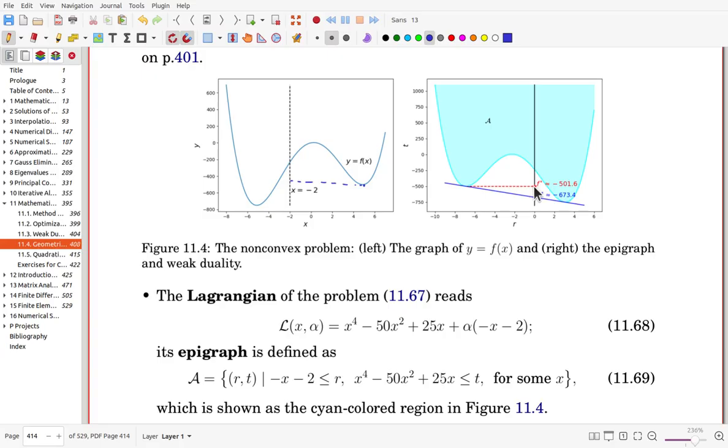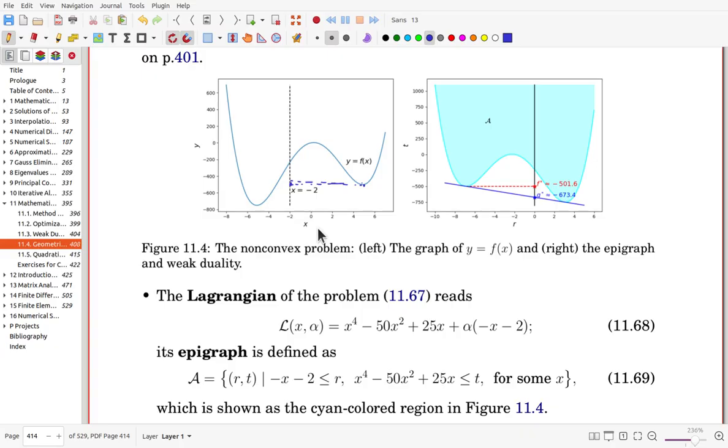So the value over there is about minus 501.6. So that if you try to make a picture over there more carefully, then this value is about minus 501.6. However, if you try to solve the problem along with the dual formulation, then you can get g star.